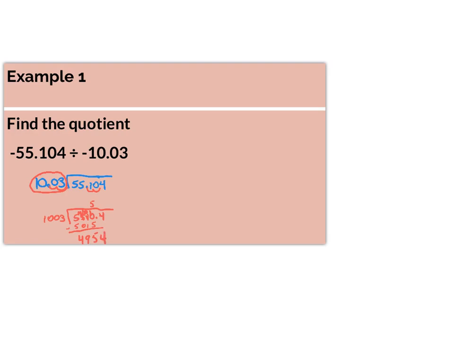So now we go to 4. So let's try 4. 4 times 3 is 12. Subtract again. Put a 0. Put a 0. 9 times 3 is 27.